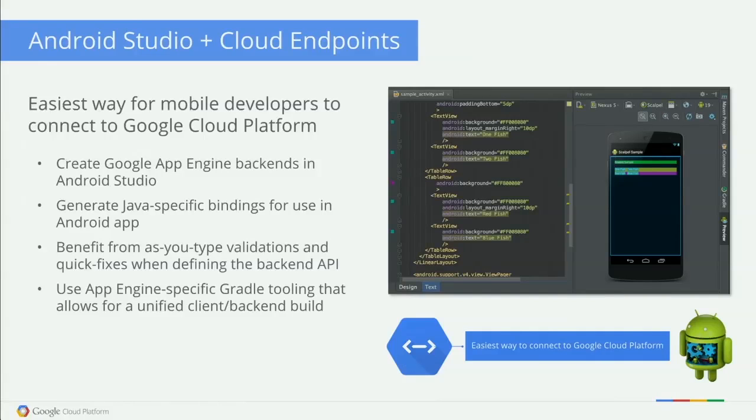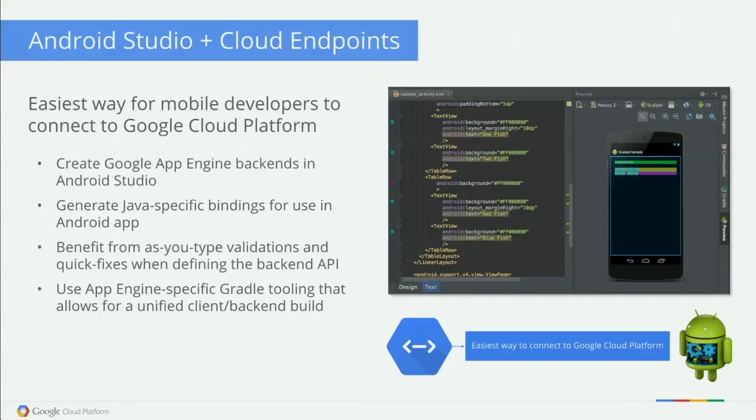When you combine these two things, you get something that's even better. In my mind, Android Studio plus Cloud Endpoints is the easiest way for mobile developers to get to Google Cloud Platform. We have a whole bunch of functionality in Android Studio which helps you do just that. You can create App Engine backends. You can generate strongly typed client libraries. There are also a bunch of quick fixes and as-you-type validations for when you're developing the actual API.